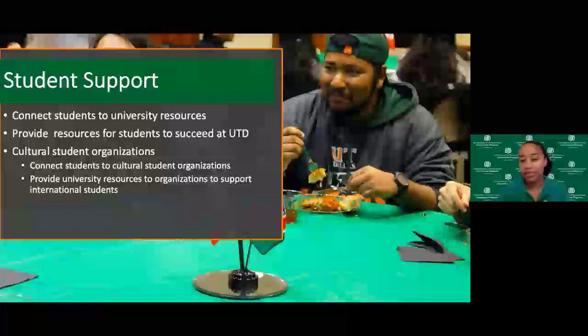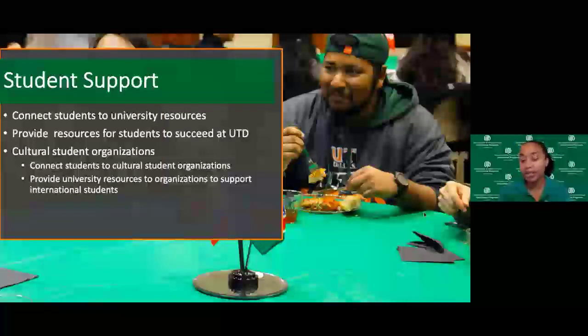We also provide resources for students at UT Dallas to succeed. For example, our cultural student organizations are one way that we do that. The cultural orgs help to support students in keeping in touch with their culture, which is very important to students when they leave their hometown, because for many of you, it might be the first time that you are leaving your country, or might be leaving your country for a very extended period of time.